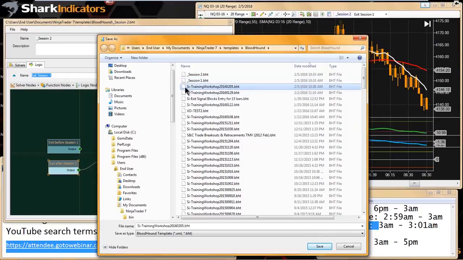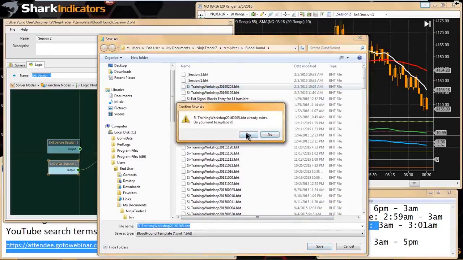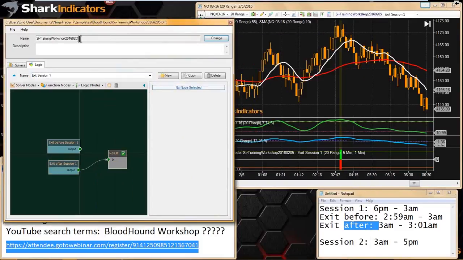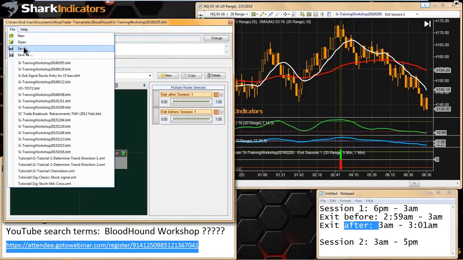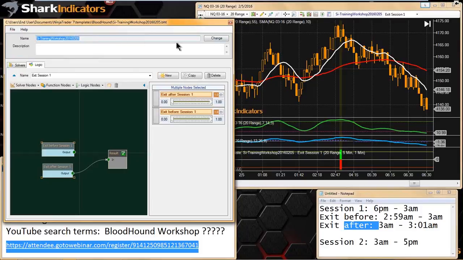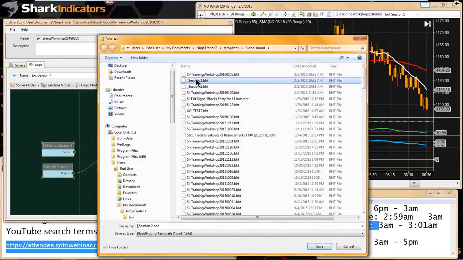So if you're working on one file and you want to do a save as to make a temporary test file, make sure you save under the original file name first before you hit the save as button. Just do a quick save before you start saving under a different name. So just be aware.